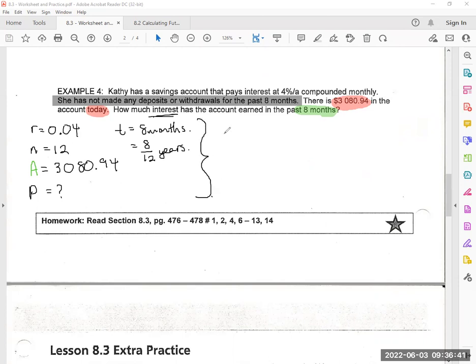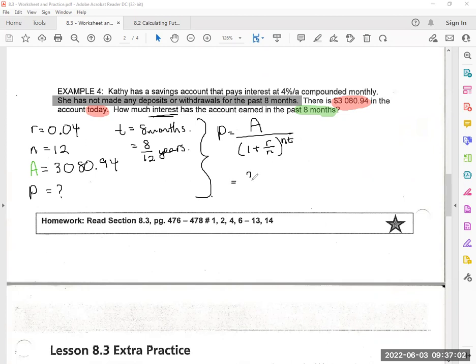Put it together. Brendan, would you like me to use the rearranged formula you prefer? All right. Now, if I remember correctly, P is equal to A divided by 1 plus R divided by N, all to the power of NT.